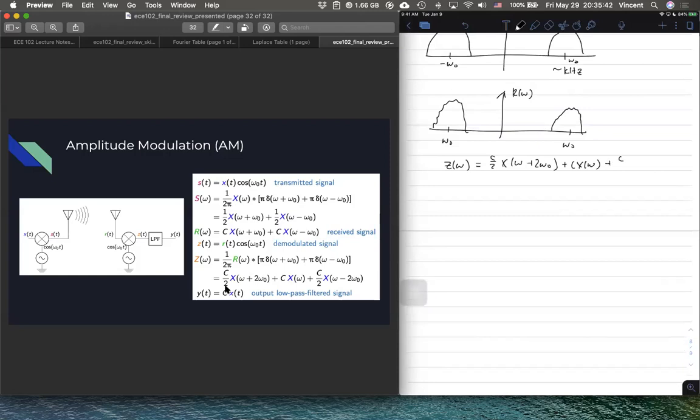If you work out the math and take the convolution between these two and apply the sifting property and everything, you'll find that this is the signal after it gets processed by the cosine again. So now it's at these two even higher frequencies, 2 omega naught. And you also get this big signal in the middle.